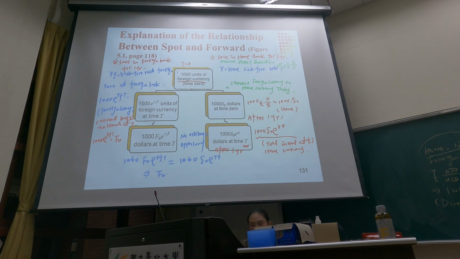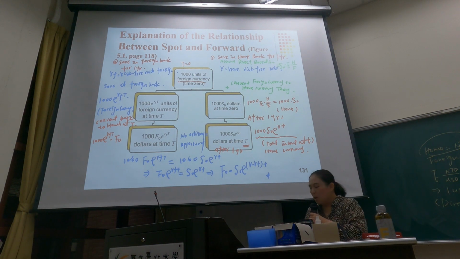So F0 E^(RF T) equals S0 E^(RT). Now, our purpose is to figure out the pricing model for F0, right? So F0 equals S0 E^((R minus RF)T), just bring the RF to the right-hand side. That's the pricing model.